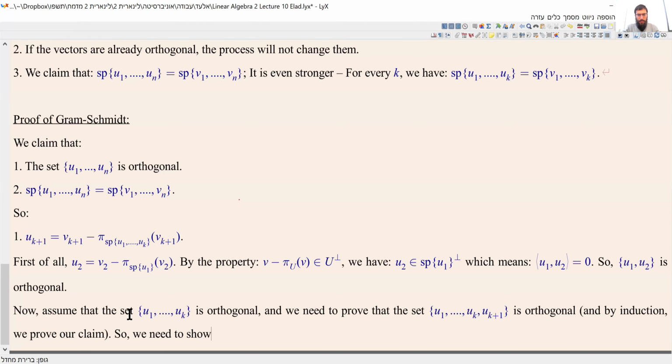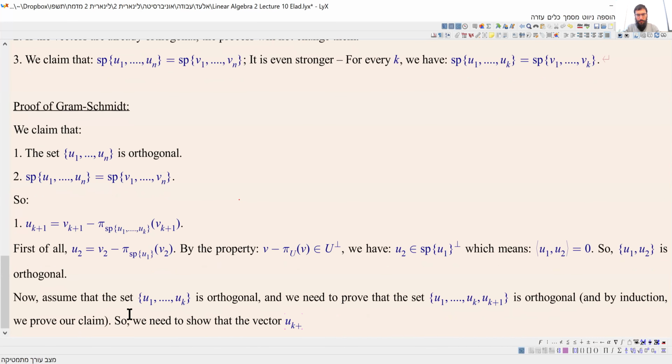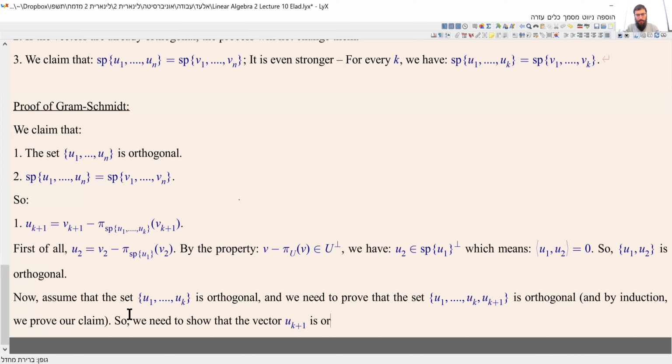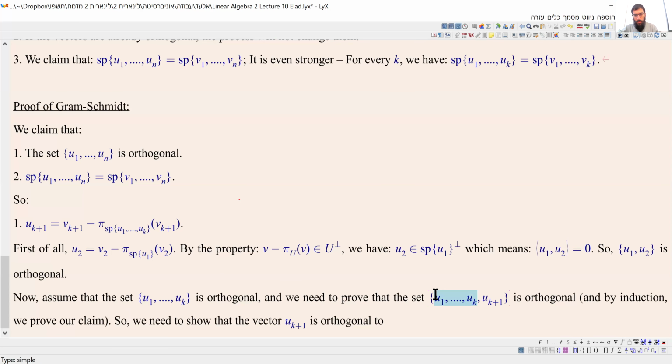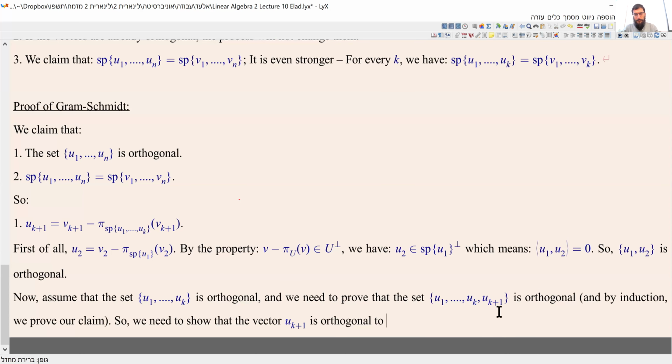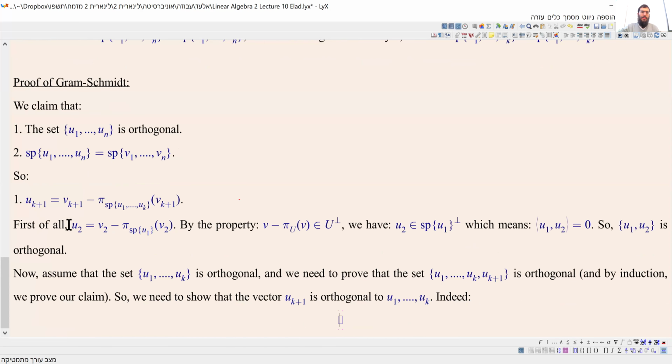We need to show that the vector u_{k+1} is orthogonal to the vectors u1 to uk. Now, indeed, the vector u_{k+1} is v_{k+1} minus the projection.